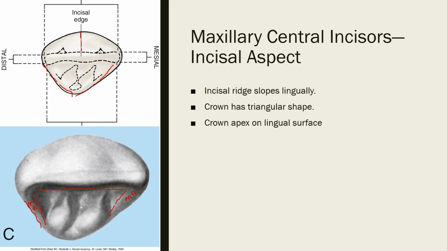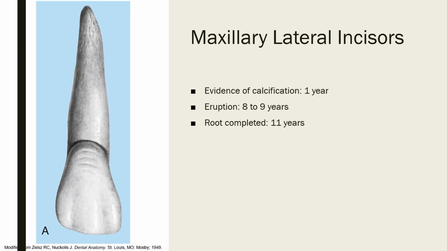All right, let's move on to our lateral incisors. Here we go. So evidence of calcification begins at 1 year, so right around the time a child is walking. Eruption is at 8 to 9 years old, so you're looking at second to third grade.